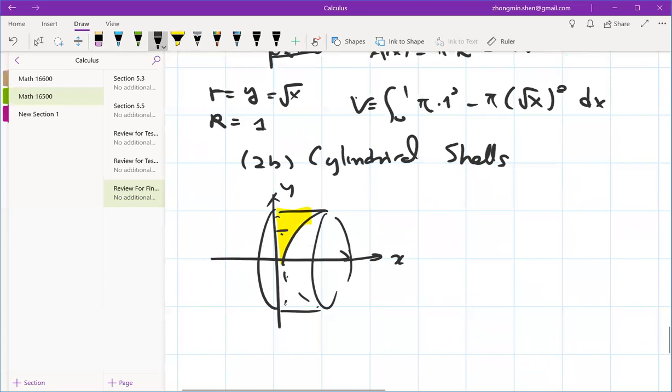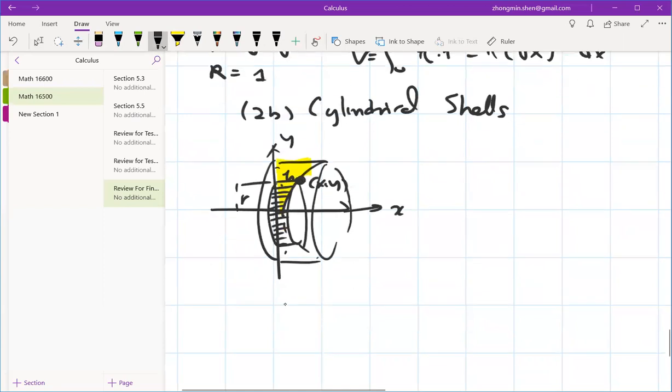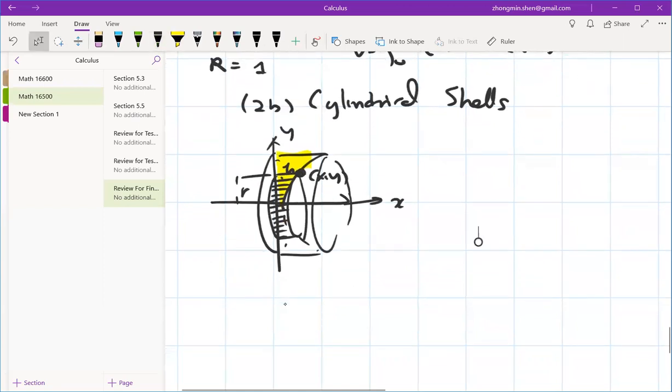So the cylinder I'm going to draw will be here. Right? So this is a cylinder. So that will be the radius r, and this is the height, h. And this is a point on the curve. So look at this, right? r is going to be the y variable. Okay. h is going to be x. And x is going to be y squared.